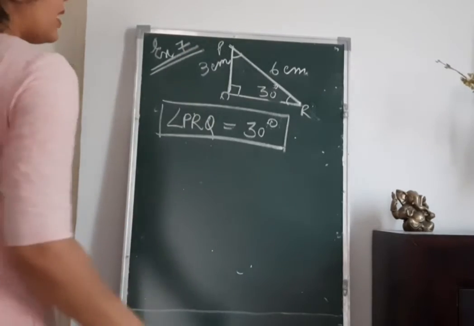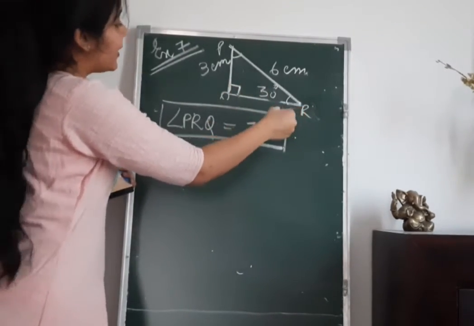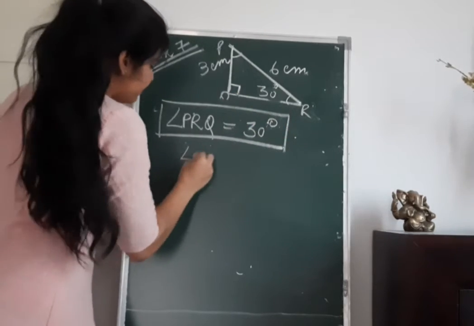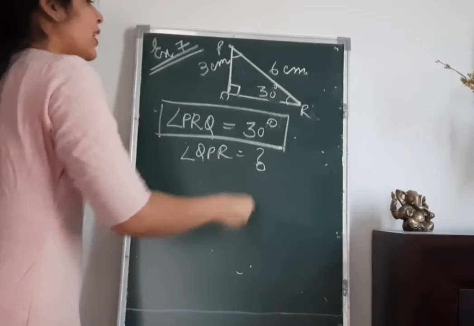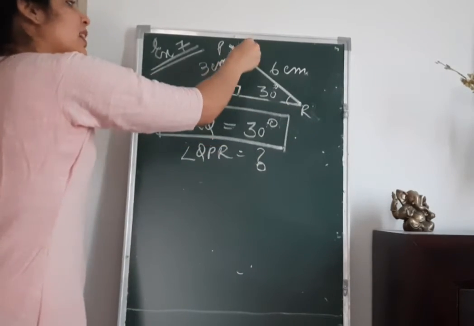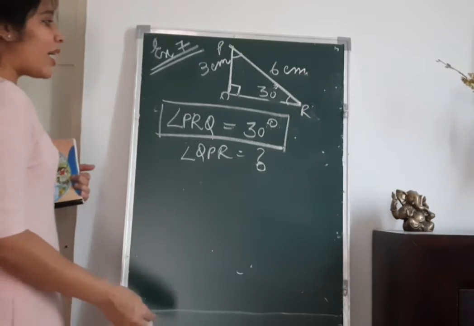Now another thing we have to find out is angle QPR. We know that the sum of all the internal angles of a triangle is equal to 180 degree, right?